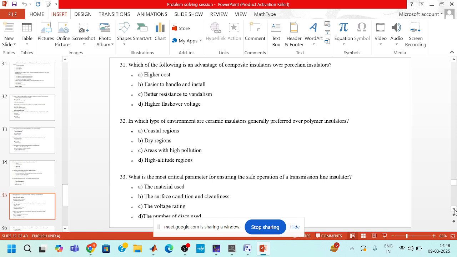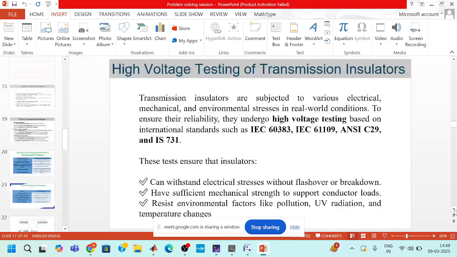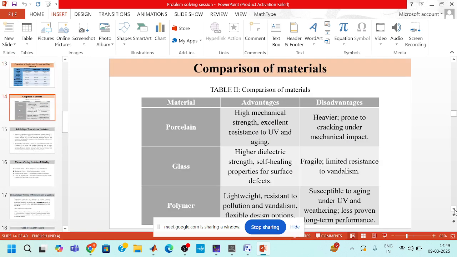Options are higher cost, easier to handle and install, better resistance to vandalism, and higher flashover voltage. Answer C or D. Better resistance to vandalism, madam. Okay, the polymer insulators.